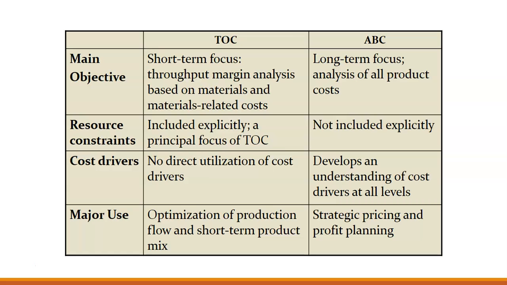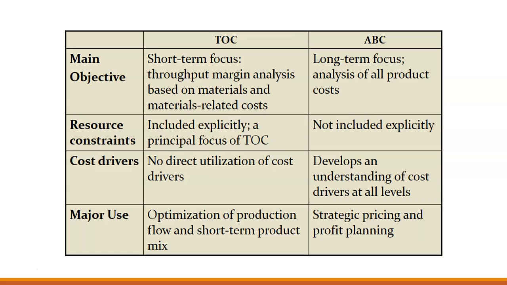We're just looking at what the throughput margin analysis is based on our current constraints and how we can utilize the highest amount per constraint. We're mainly looking at it to optimize our production flow and our short-term product mix. It's not a long-term solution to a problem, though.